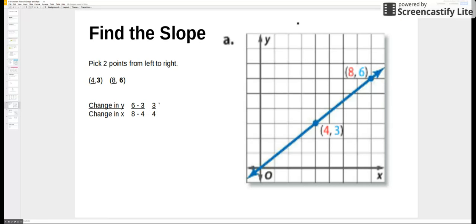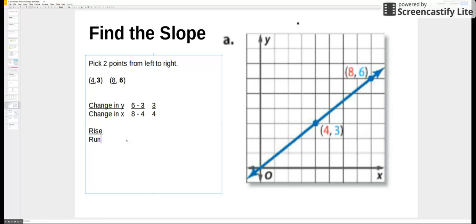If we're looking at the slope as 3/4, you're going up 1, 2, 3, and to the right 1, 2, 3, 4. So if it's positive 3 and positive 4, you're going up 3 and to the right 4. Some people like to refer to this as rise over run.